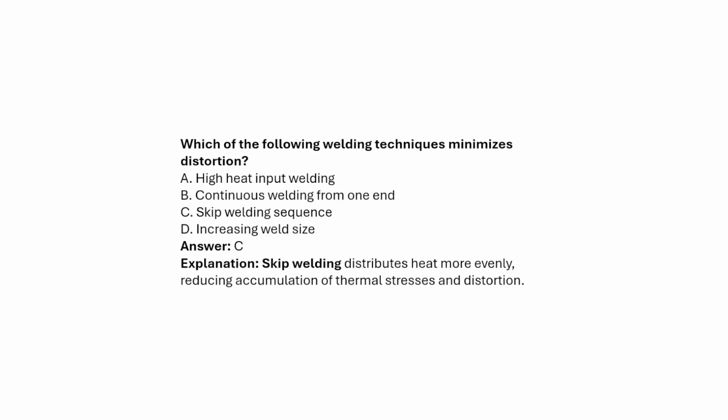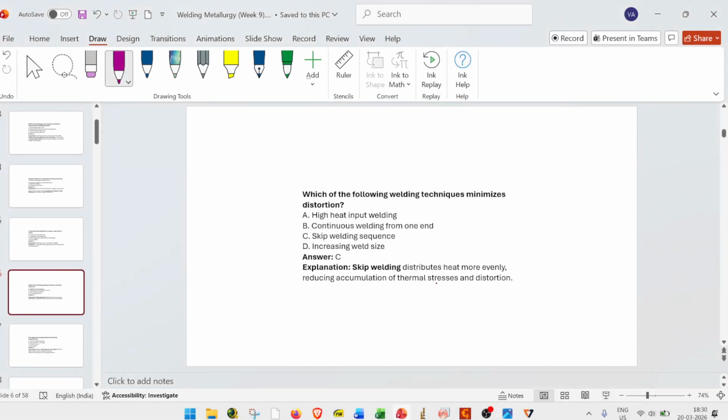So the answer will be C, the skip welding. In skip welding, the distribution of heat is more even, reducing the accumulation of thermal stresses and distortion. So how is skip welding done? I think we have seen it in previous classes.